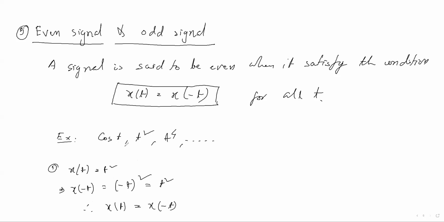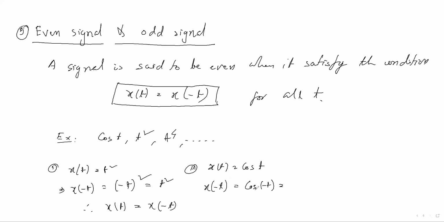So how can I prove the cos signal is an even signal? We know the definition that cos of minus theta equals cos theta itself. Suppose x of t equal to cos t. If we put x of minus t, then it will be cos of minus t.